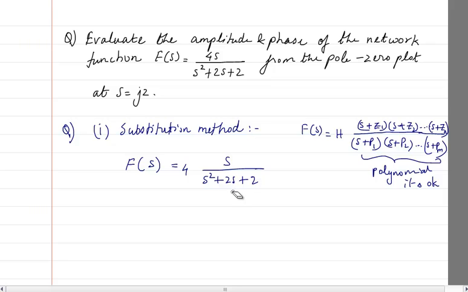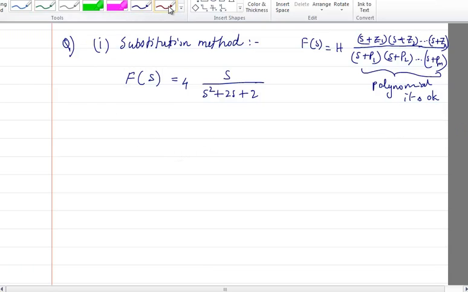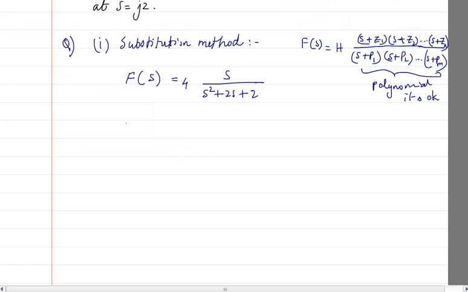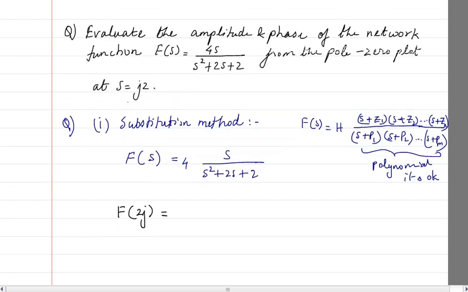So once we have got it in this form, then in the substitution method we take s and substitute it as 2j. Why 2j? Because in the question we are asked to find the amplitude and phase at s equal to j2 or 2j.